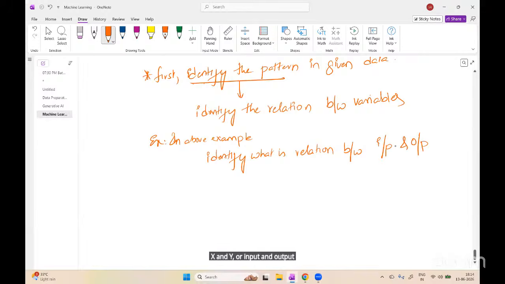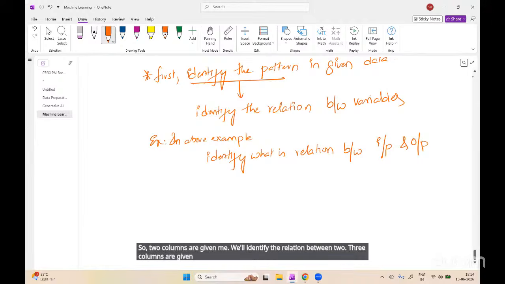Those are the two column names. Two columns are given, so we identify the relation between the two. Three columns are given, we identify the relation between three. Ten columns are given, then the relation among ten columns. In the above example, we'll identify the relation between the input and output, the given two columns.